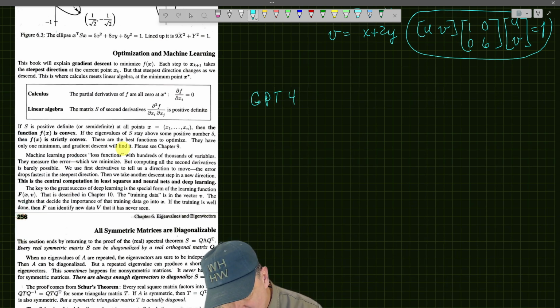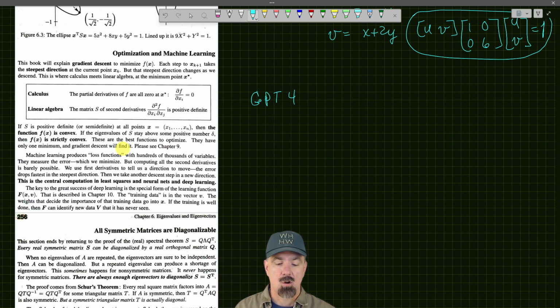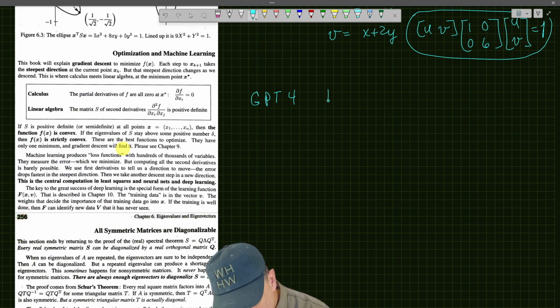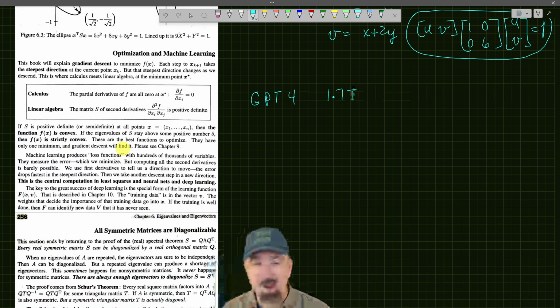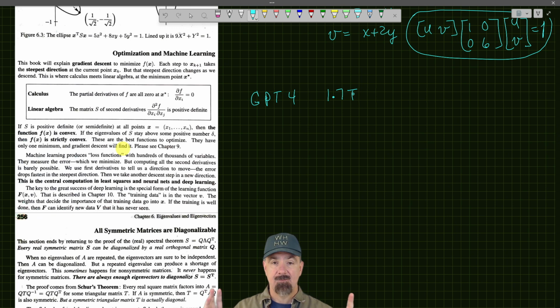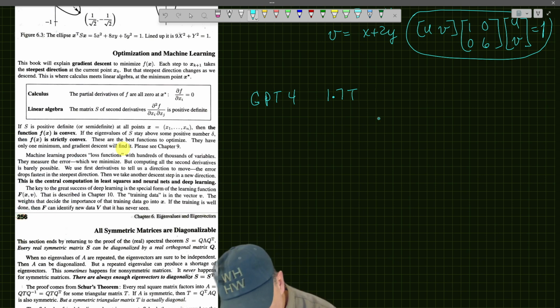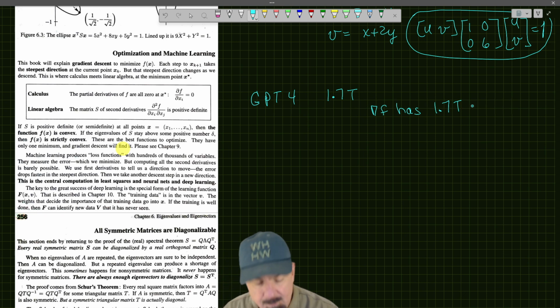GPT-4, which is the baseline for building ChatGPT along with most of the modern generative AI software, has 1.7 trillion parameters. So if we take a look at the gradient vector for the loss function or the objective function for ChatGPT, GPT-4, what we'll find is the gradient vector has 1.7 trillion components, entries.